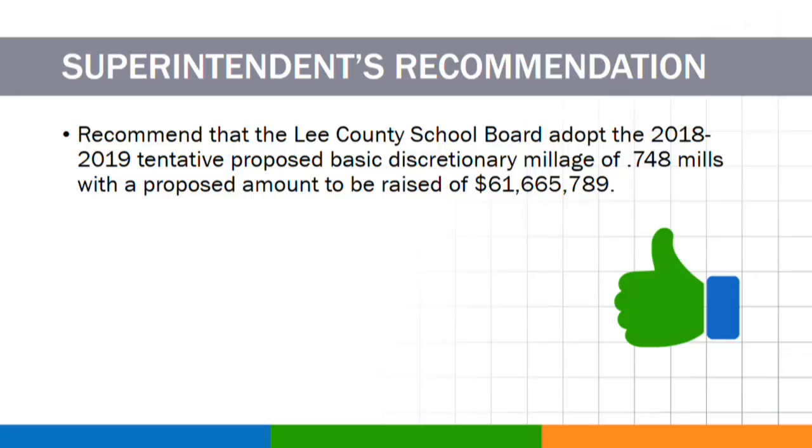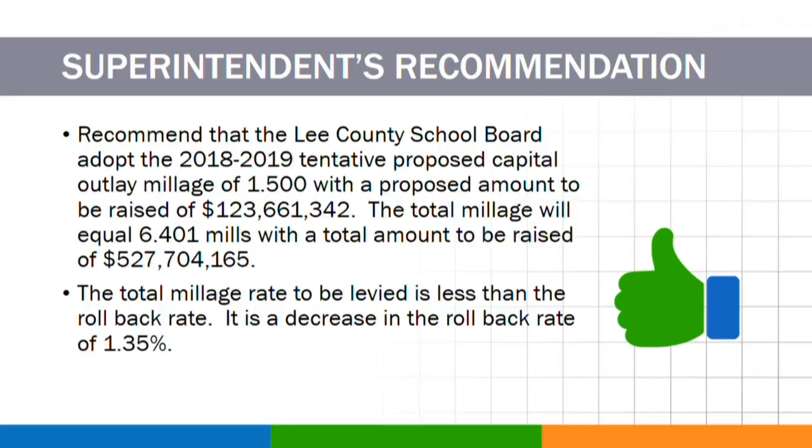Recommendation 2, I recommend that the Lee County School Board adopt the 2018-2019 tentative proposed basic discretionary millage of 0.748 mils with a proposed amount to be raised of $61,665,789. Recommendation 3, I recommend that the board adopt the 2018-2019 tentative proposed capital outlay millage of 1.50 with a proposed amount to be raised of $123,661,342.